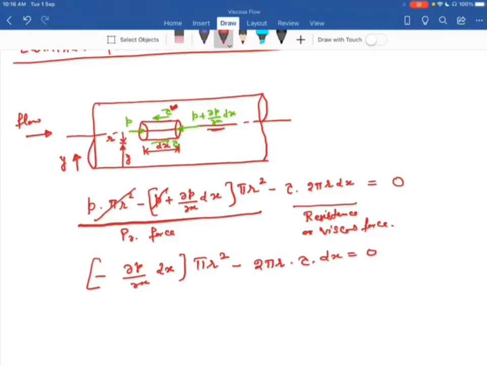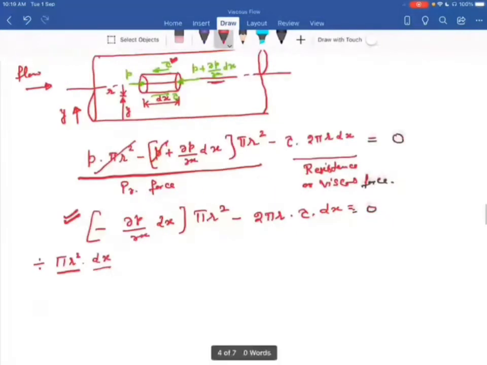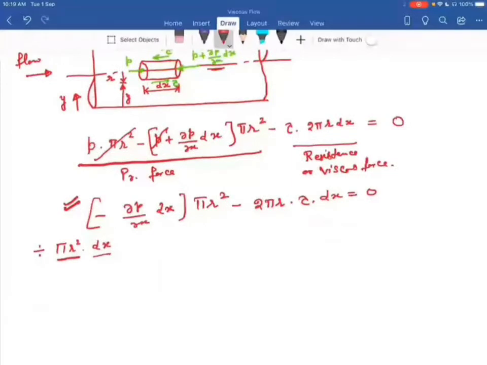Now I divide all these terms by the volume of the element. The volume is area into the length, area into dx. So we have the resulting relation now. The first term is minus ∂P/∂x.